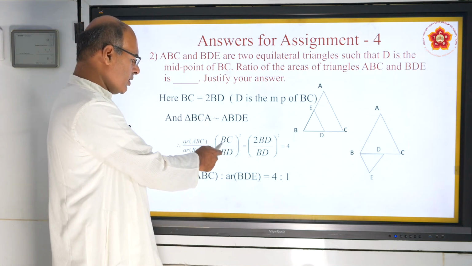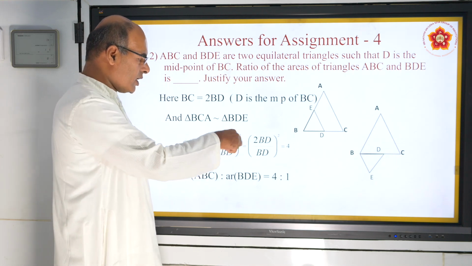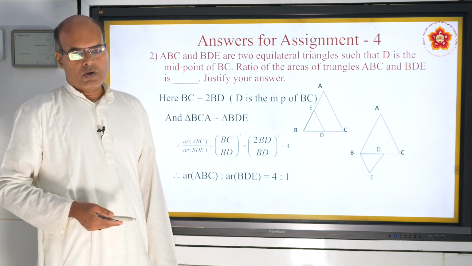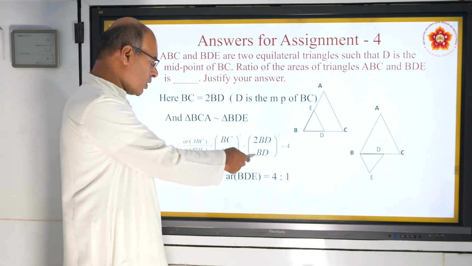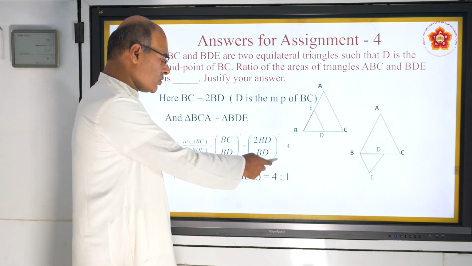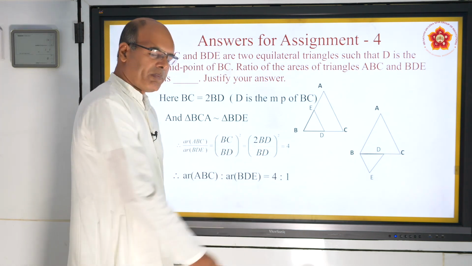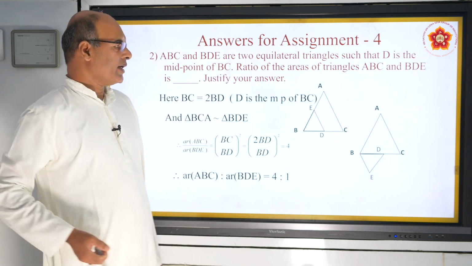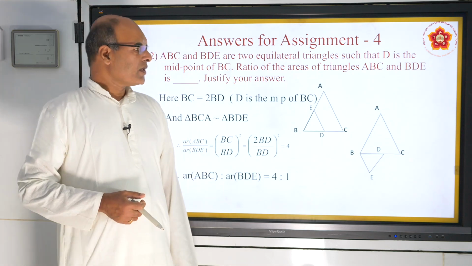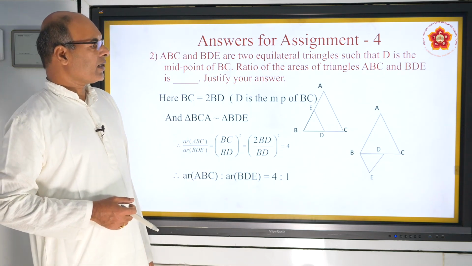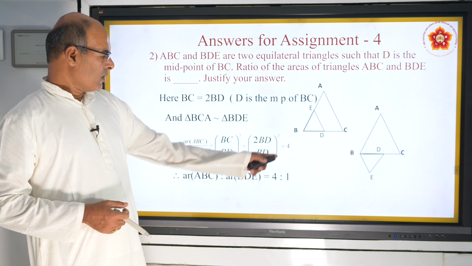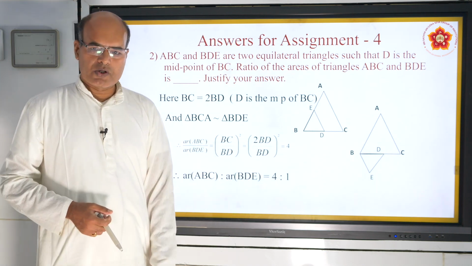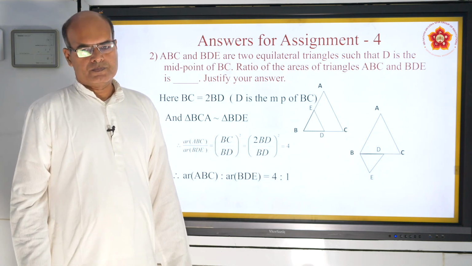If you substitute here, 2BD whole square is 4BD square, since 2 square is 4. 4BD square by BD square, BD square cancels out. We get 4, or it is 4 by 1. So therefore, the ratio of the area of triangle ABC to the area of triangle BDE is 4 by 1, nothing but 4 is to 1.